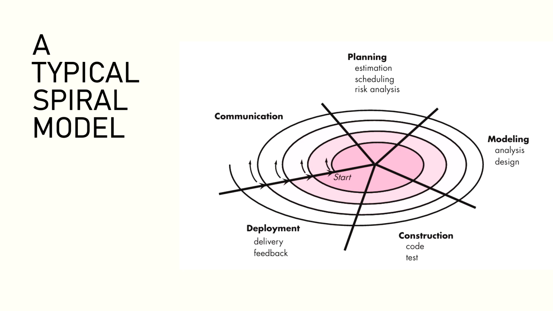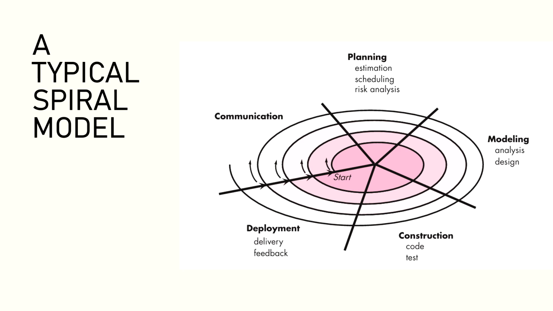Look at the shape of the spiral. You start at the very center with almost nothing. Start में कुछ भी नहीं है. We are starting at the very center. As you move clockwise, आगे move करें, you pass through planning and risk analysis.